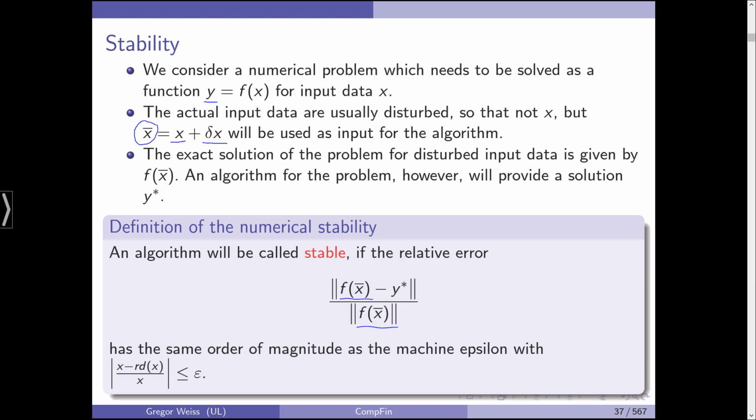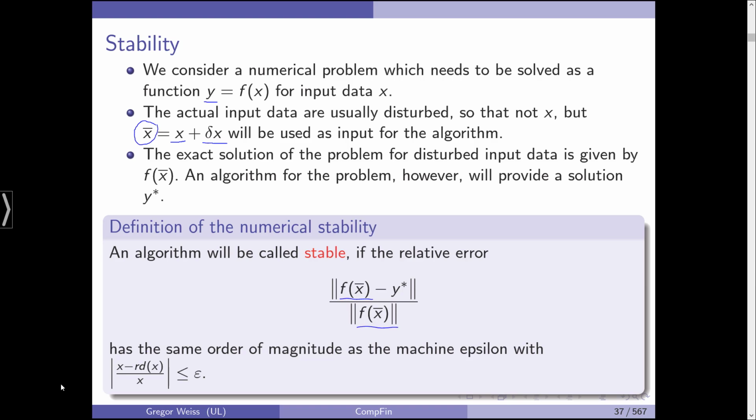And if this relative error has the same order of magnitude as the machine epsilon, then we call the algorithm stable. So in essence, we have disturbed input data, and the relative error caused by this input data isn't amplified by the algorithm when it comes to the output. And the order of magnitude is meant to have the same order as the machine epsilon.